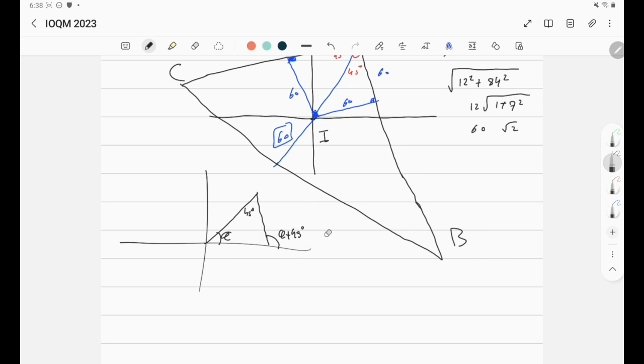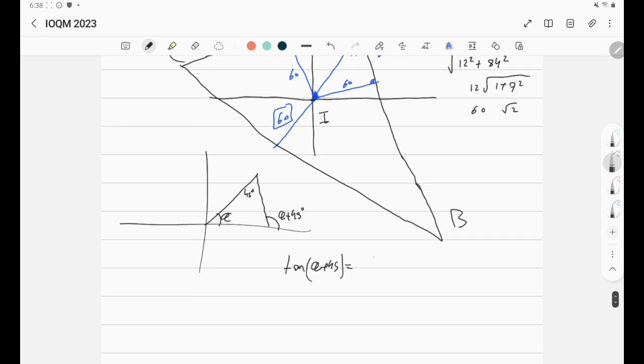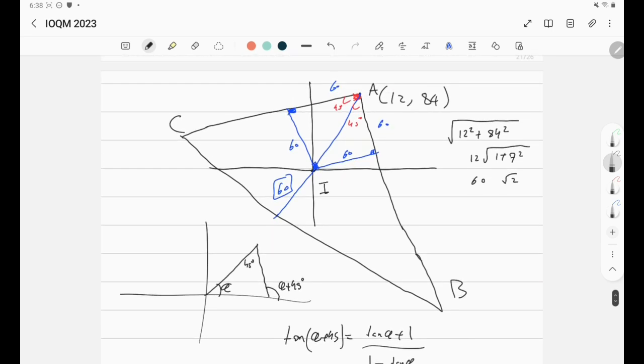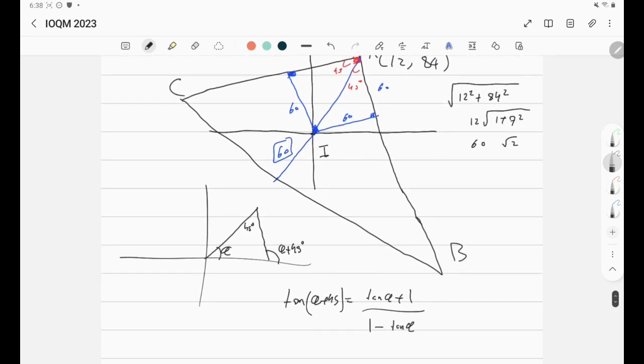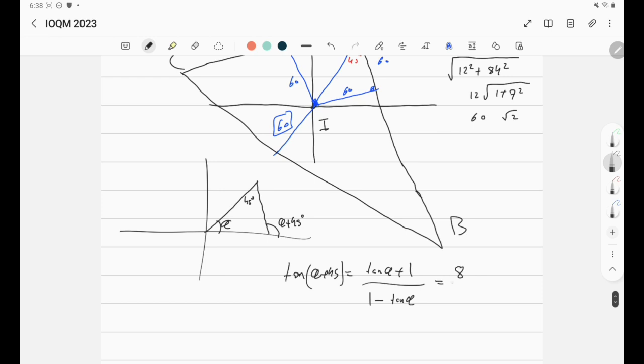If we apply the tangent sum formula, it's just going to be equal to the tangent of theta plus the tangent of 45, which is 1, over 1 minus their product, which is tangent of theta. And what was the tangent of theta anyway? It's the slope of that. What is the slope? The slope is 7. So 8.